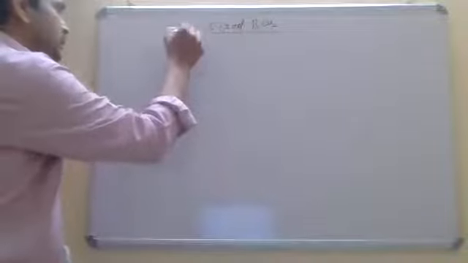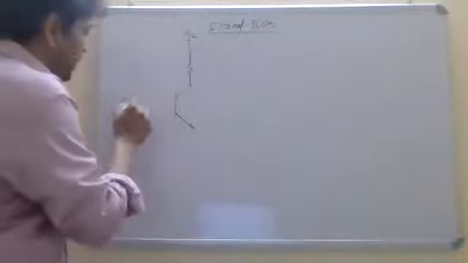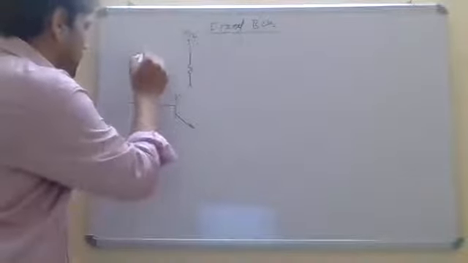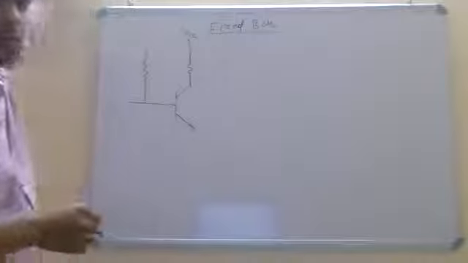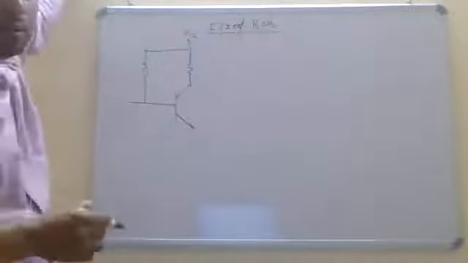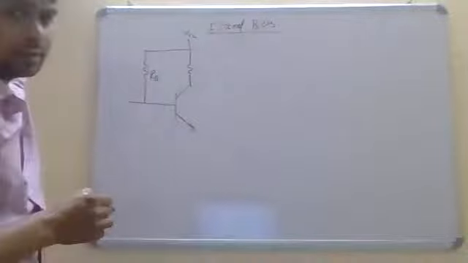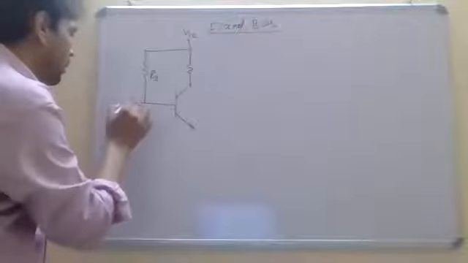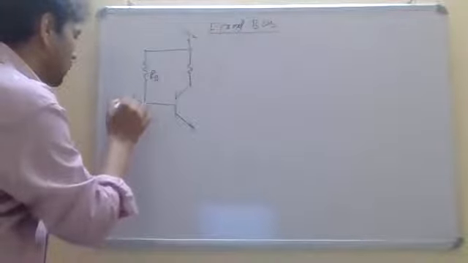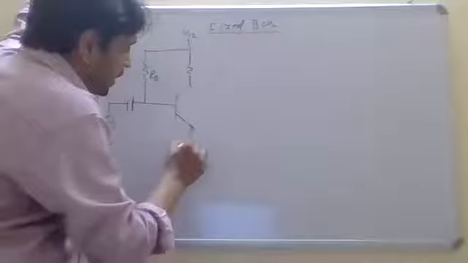This one is the VCC, we know that. And here is one resistance, and this should be RB. Here is the emitter.